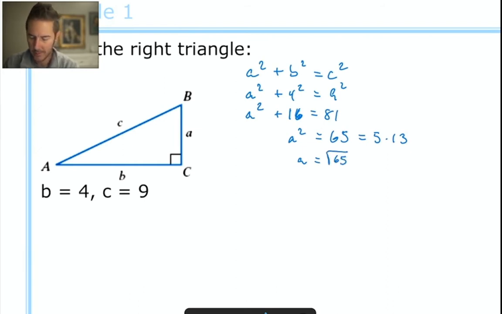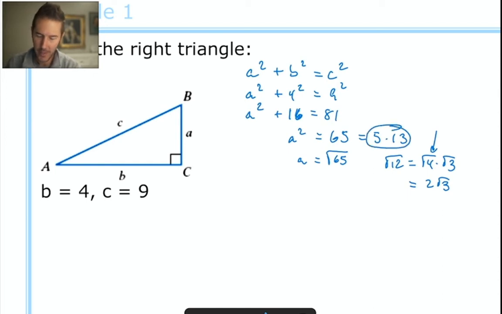It's not like the square root of 12, which we can write as the square root of 4 times the square root of 3, and then we simplify it and we get 2 root 3. That was nice because the 4 was square rootable. Neither the 5 nor the 13 are square rootable, and so we're stuck with those. So let's keep going using an a value of the square root of 65, and that would be one of our answers.